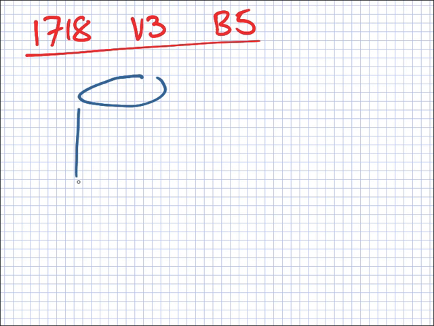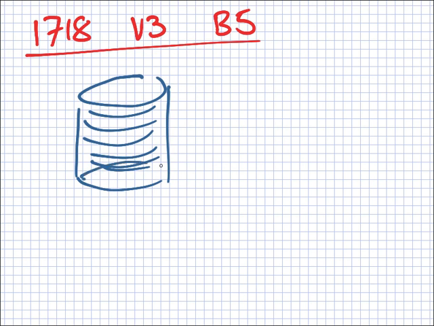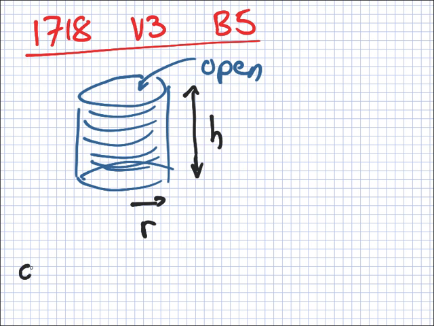Like this? Yeah, and the top is open. So there's only a curvy piece and the base, of course. They put the height as h centimeters and the radius as r centimeters. Fair enough. Part A.